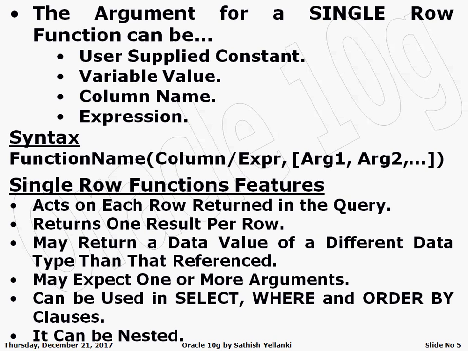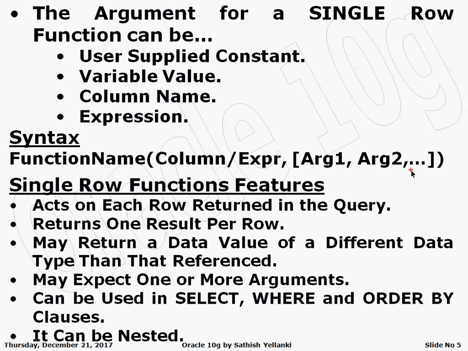And every single row function can even accept column names directly from the table. And single row functions can even have expressions as arguments. Every function will have one name, and the function will be having certain columns or expressions along with the arguments. These functions will act on each row that is returned by the query.